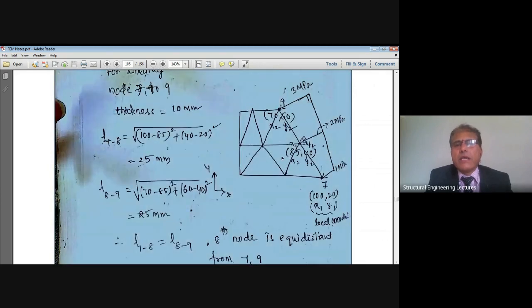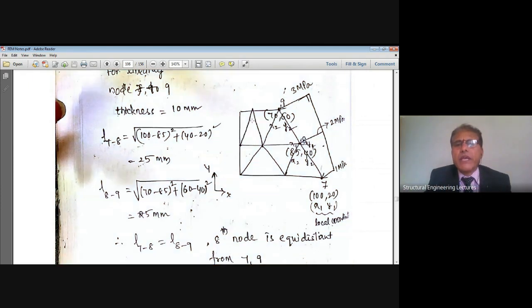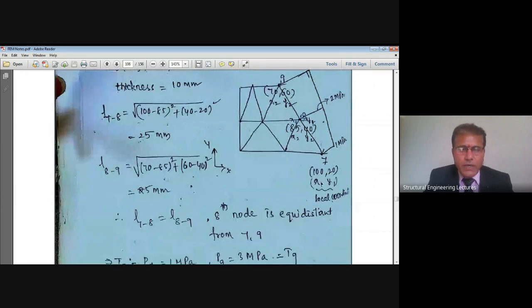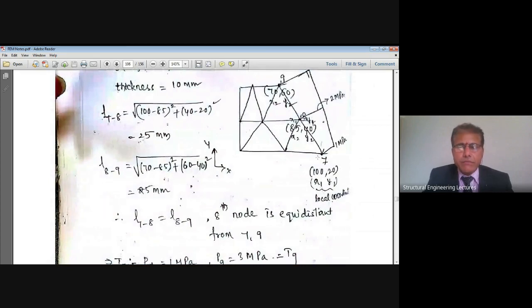And actually that entire 2D continuum is discretized into 8 elements, 2D 3-noded elements, of which on this inclined surface the varying traction force from 1 MPa to 3 MPa is acting. The coordinates of nodes 7, 8, 9 are given.